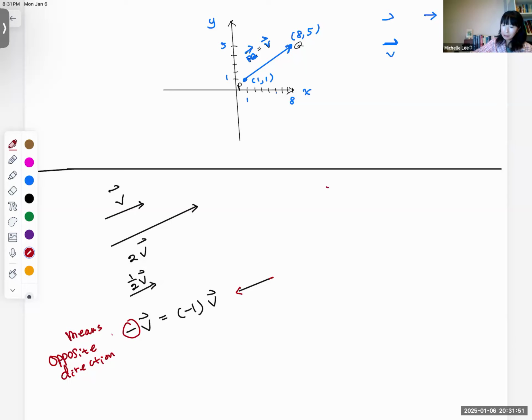So if we have a vector v, we have some number in front of the vector v, right? Let's say the k in general. Then we call this one a scalar. Scalar means real number.